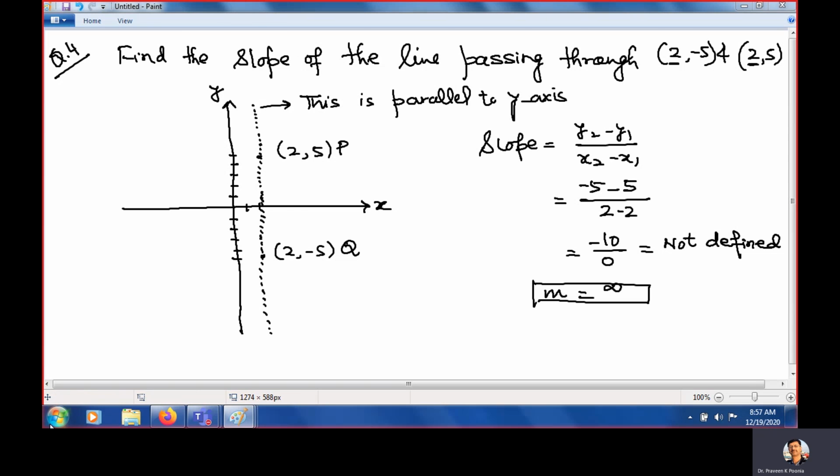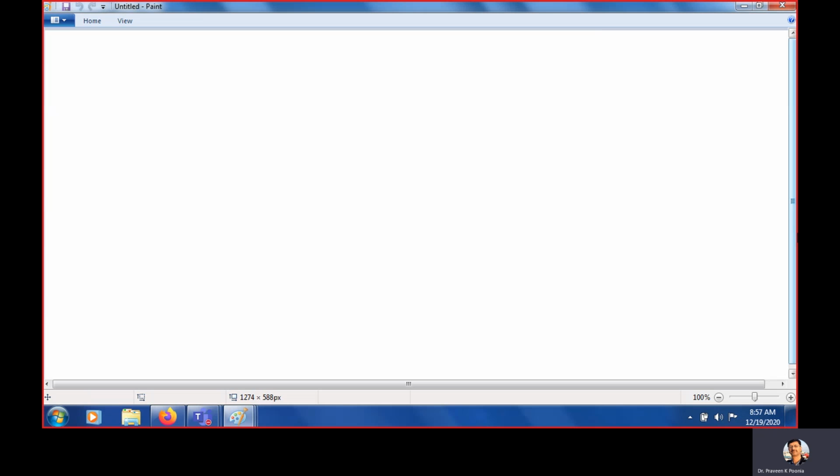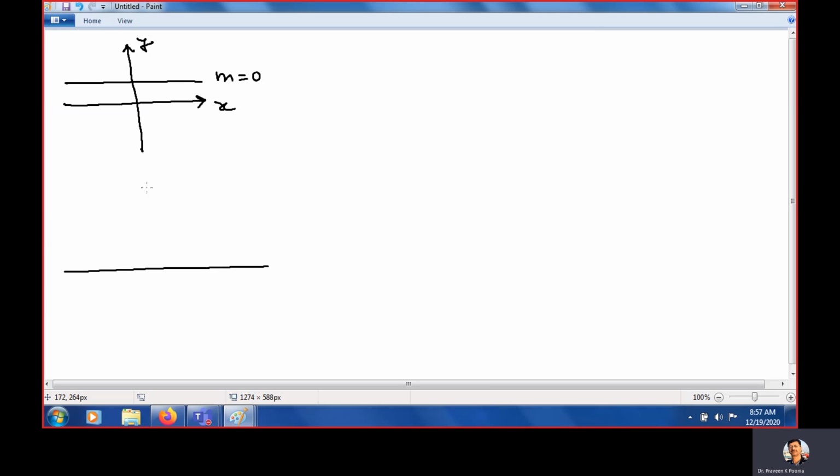So my dear friends, there are 4 possible cases. If this is x-axis, this is y-axis. Clear? If this is the line, m is equal to 0. Slope is 0. If this is x-axis, this is y-axis, and we get a line parallel to y-axis. Clear? Here slope is infinite.